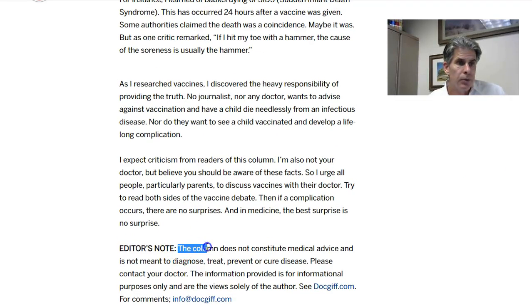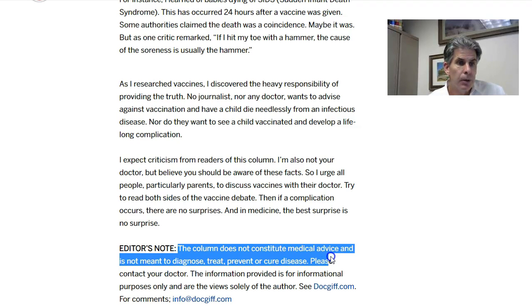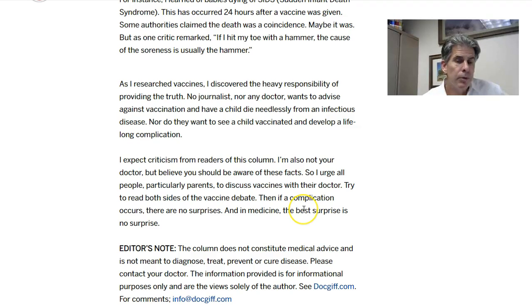They have a little editor's note at the bottom. This column does not constitute medical advice. It's nowhere even close to it. What I would urge you to do on something like this is talk to a medical practitioner, or actually talk to more than one. You are not, as a student, usually in the position of being an expert yourself to evaluate this, but you want to be able to know whether or not you're being given reasonable scientific advice, and health is a scientific field.